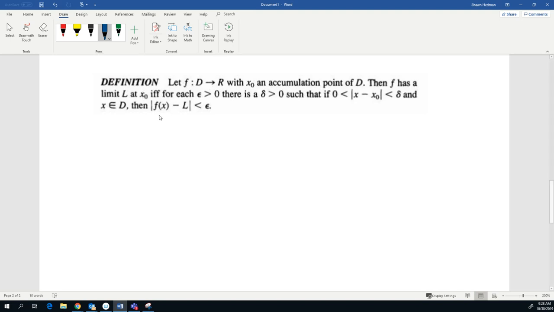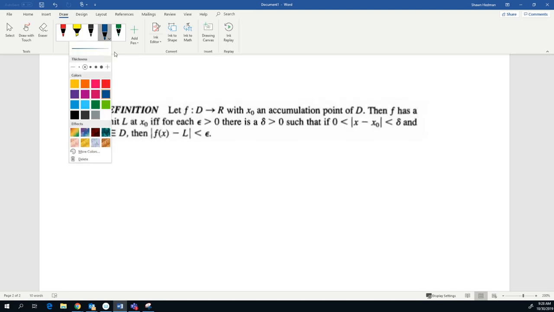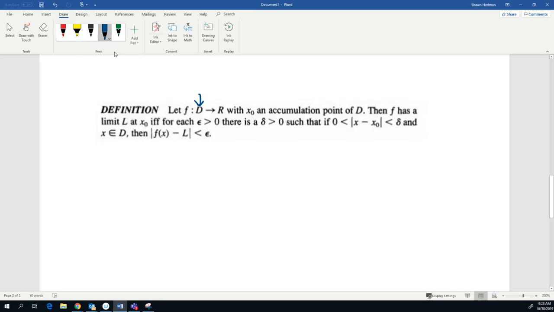Okay, so let's see what they're saying here. D in our problem is the interval from -2 to 0. X sub 0, we're taking the limit as x approaches -2. That's x sub 0. And that is an accumulation point of D. Since D is an open interval from -2 to 0, the accumulation points include all the points in the interval, but also the endpoints.